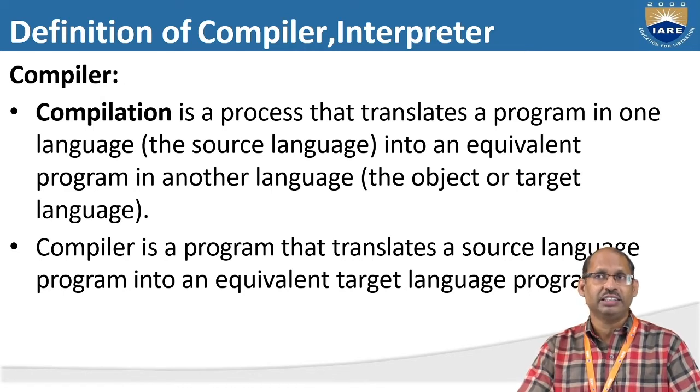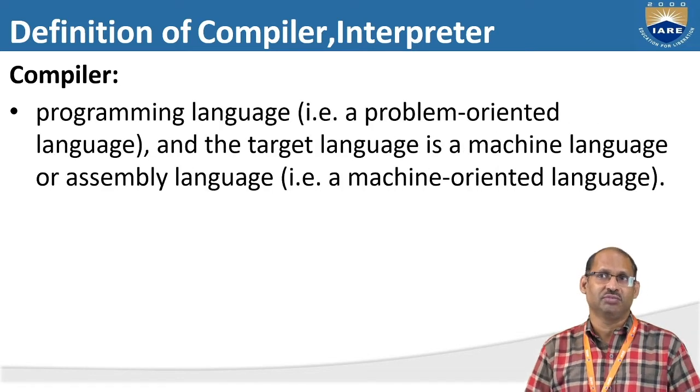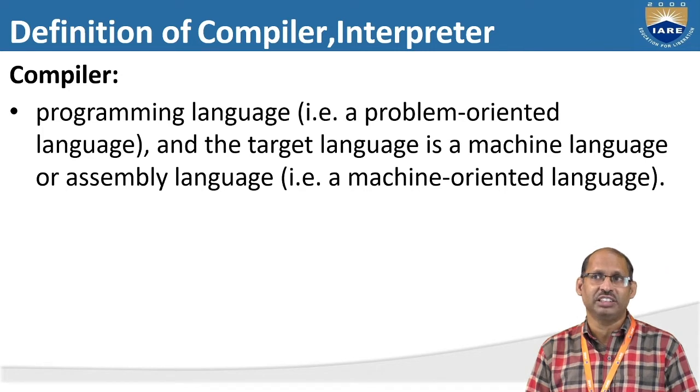That is the task of a compiler. So the programming language is a problem oriented language, and the target language is machine language or assembly language, machine oriented languages. Depending on the machine on which we are executing, that will be the machine oriented language.